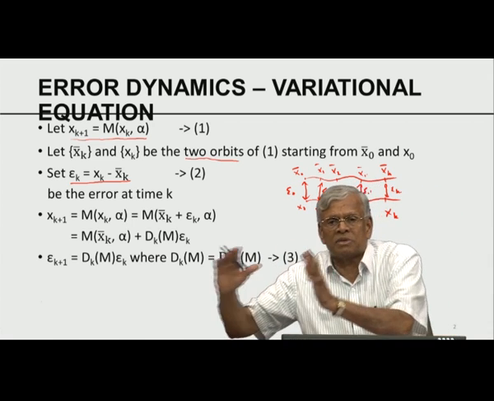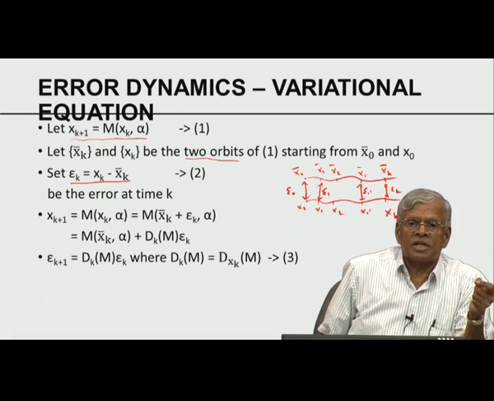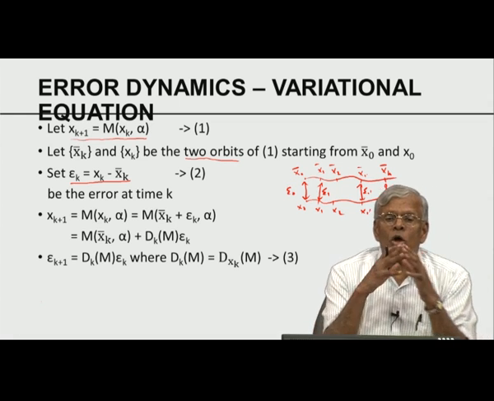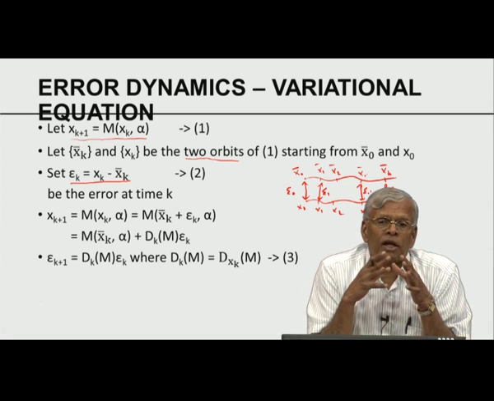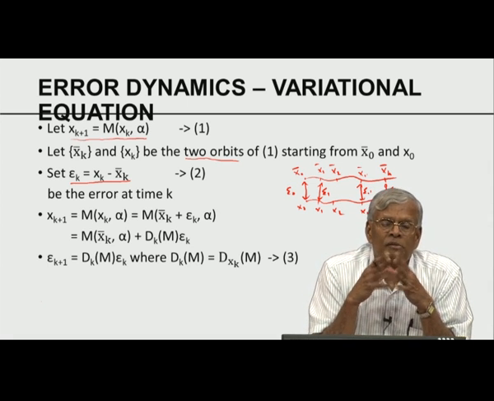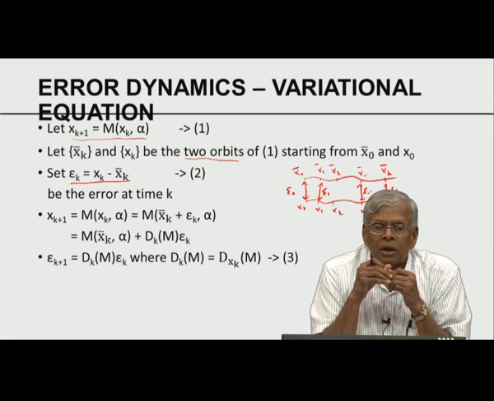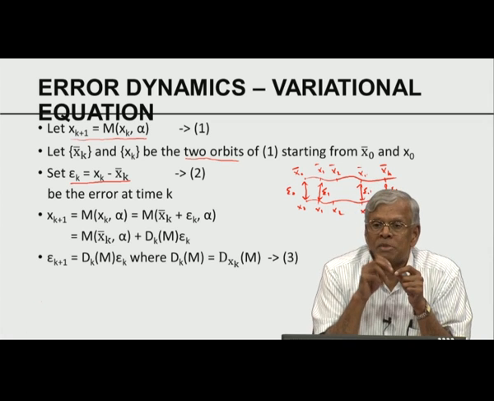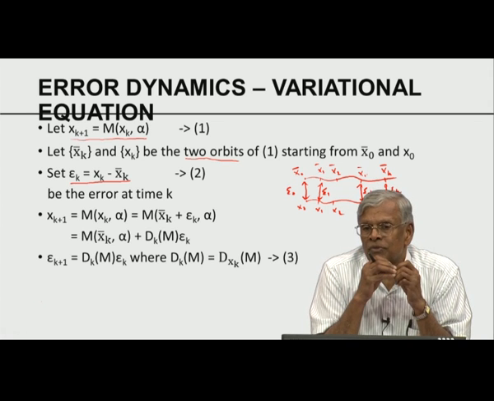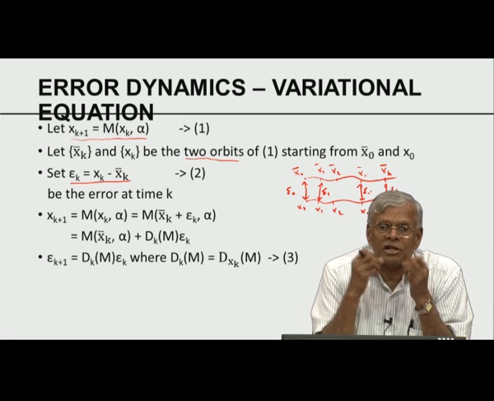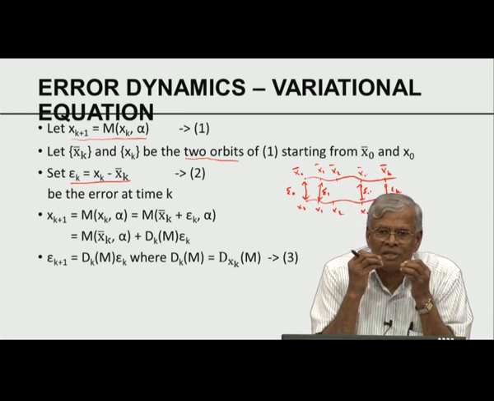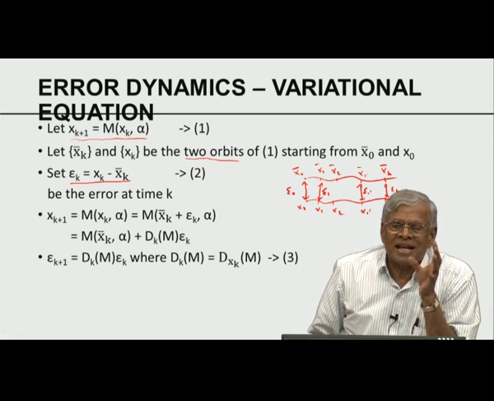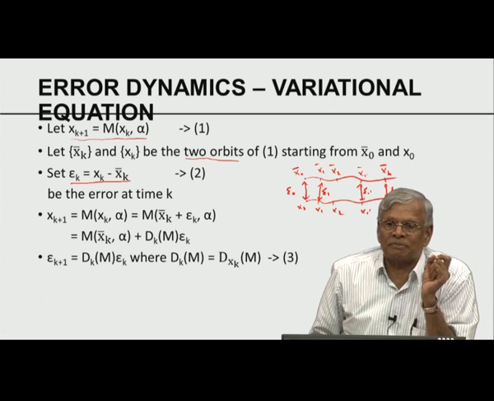If you use another set of observations, I will get another estimate. So no matter which method you use, if you are trying to estimate the initial condition from a finite set of observations, the estimate will not be equal to the true value that I would need to make a better forecast. In other words, estimates always have errors embedded in them. So you can think of epsilon_0 as the error in the initial condition estimate.